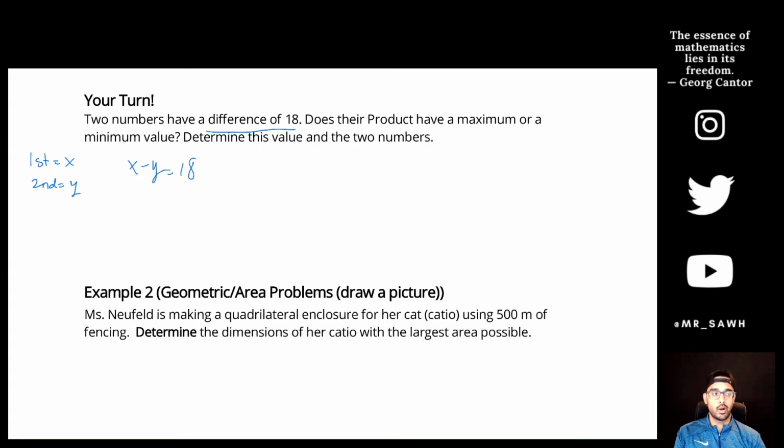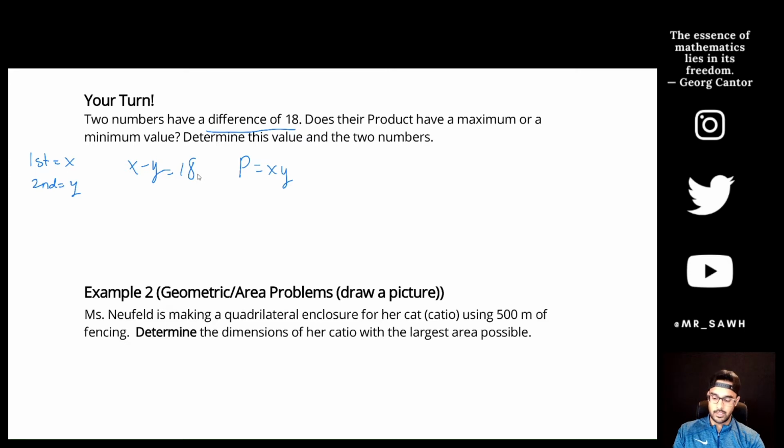We don't know if the product has a maximum or a minimum right now, but what I do know is I have a product, right? x times y. So I need to take our first equation, our difference, and write it in terms of one of the variables. I'll do it the other way this time and solve for y.